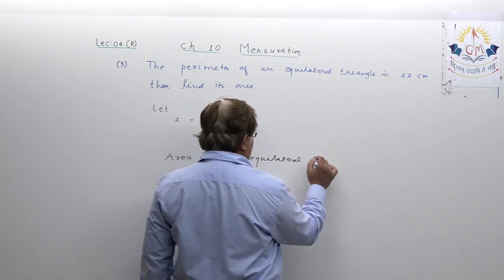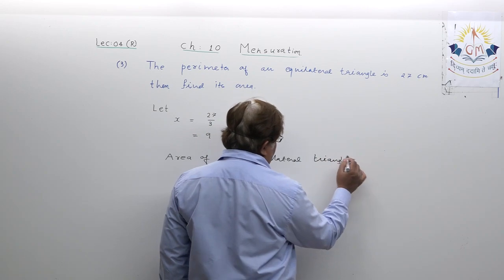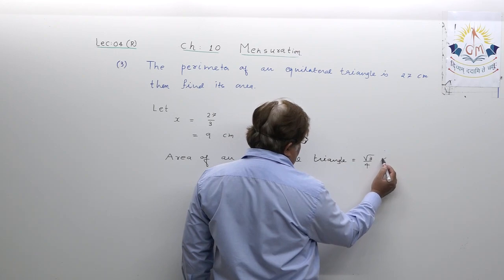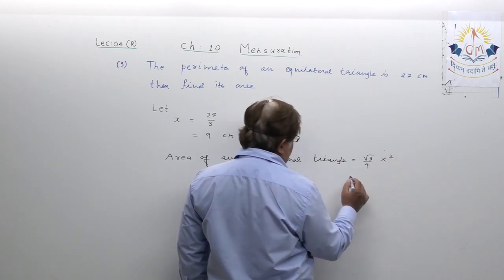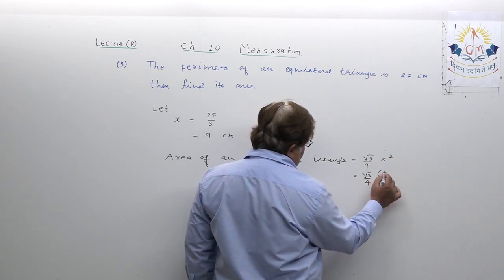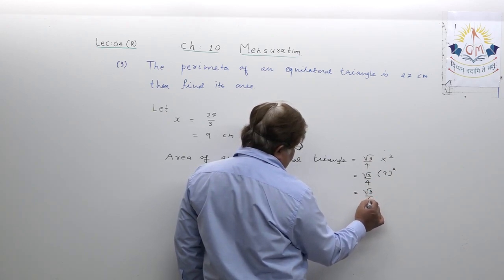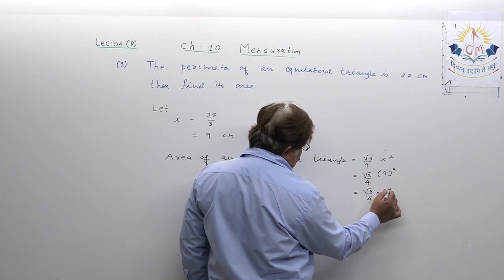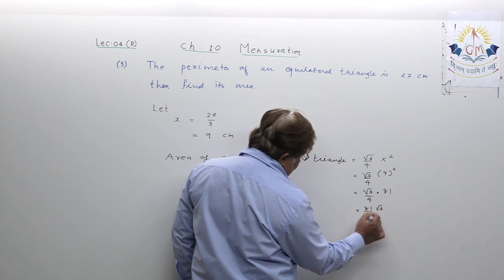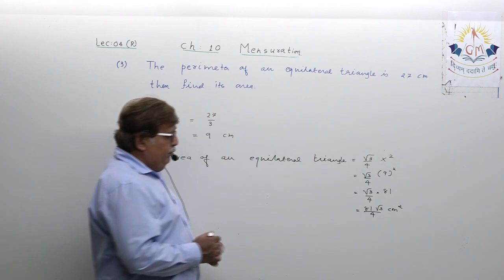Okay, area of an equilateral triangle equals root 3 upon 4 x square. Let us write the value. Root 3 upon 4 x, that is 9, root 3 upon 4 into 81. So you can write it this way, 81 root 3 upon 4 square centimeter.